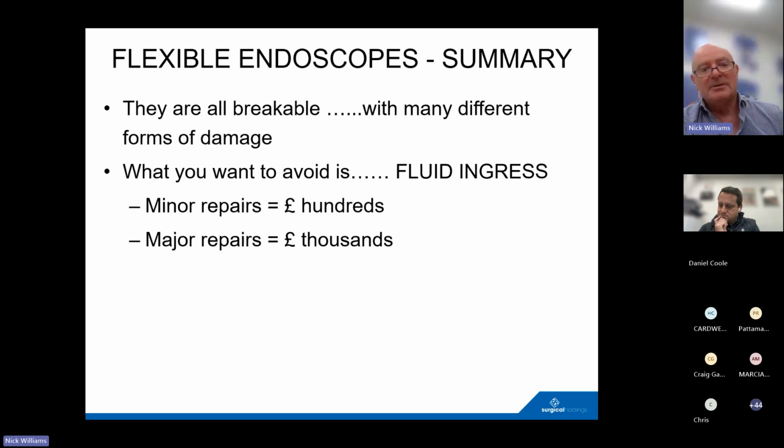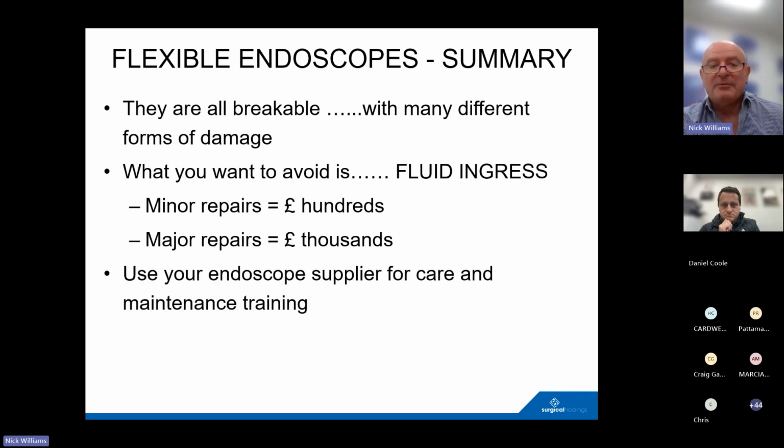So really it's down to preventing those, and definitely use your endoscope supplier and your repair provider, if you have a separate one, for care and maintenance training, because they will have teams to help you with this. The company I used to work for had a couple of teams that you could definitely use for this sort of thing, and they'll help you with how to clean it properly.